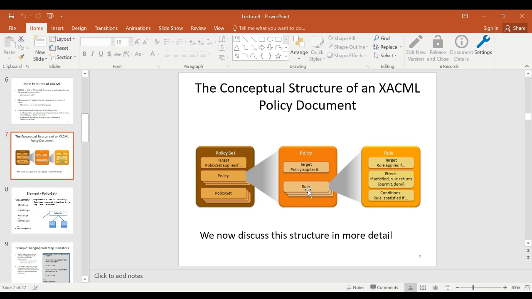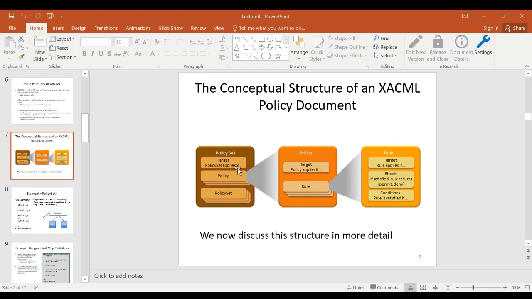Of course, again, you might have a scenario where you have a generic target and you can have one specific rule which has its own individual target. So in that case, the individual rule targets will override the policy target. Okay, so the rule target always overrides the policy target.